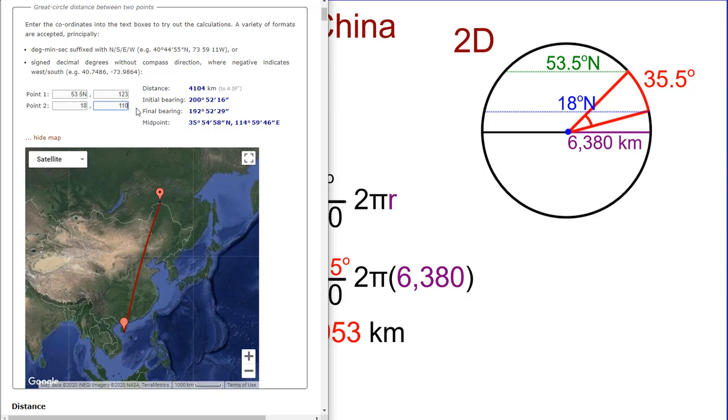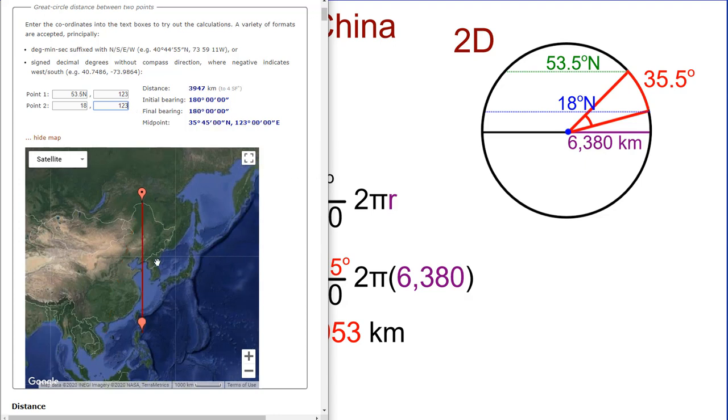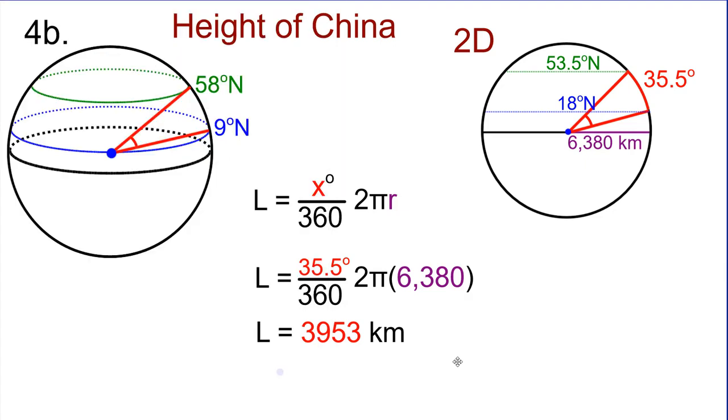So if I change one of these to, let's do 123, then our estimate is going to be a lot closer. You notice how we're going exactly straight up. So 3,947, and yeah, that's within 5 kilometers. The difference we're seeing in that is exactly because we used a rounded value for the radius of the Earth. It's actually more precise. I think it's 6,378 kilometers or something like that.